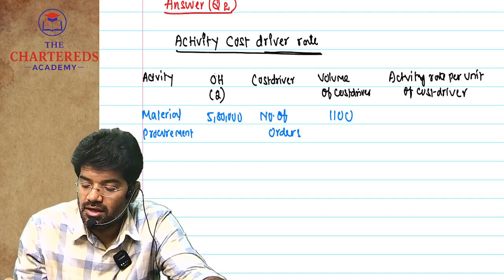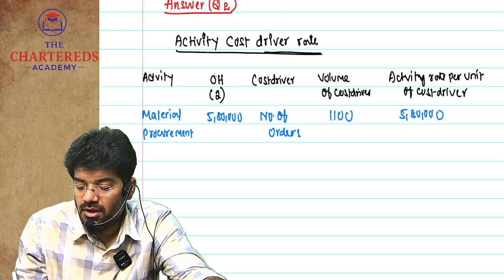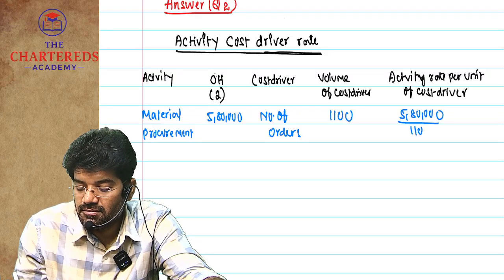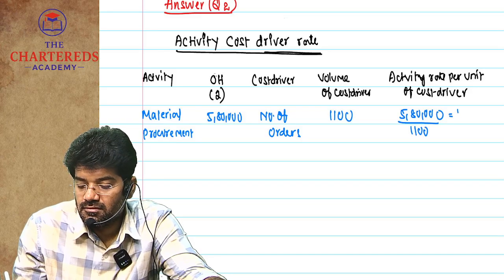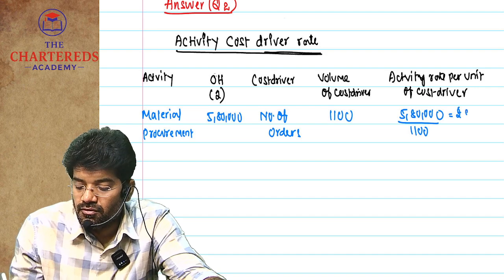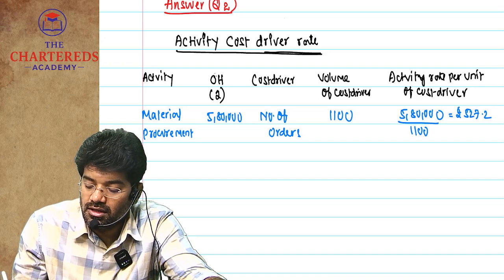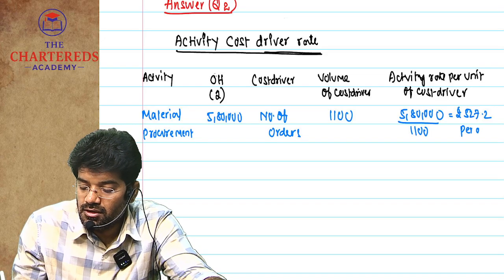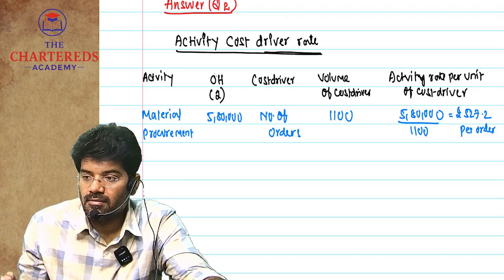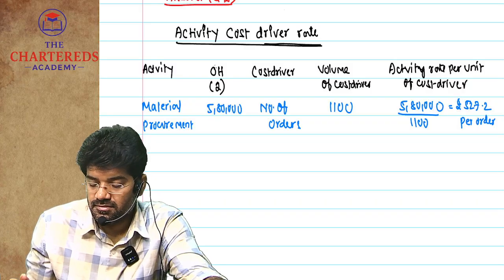Now, activity rate per unit: 5,80,000 divided by 1100, 527.2 per order.